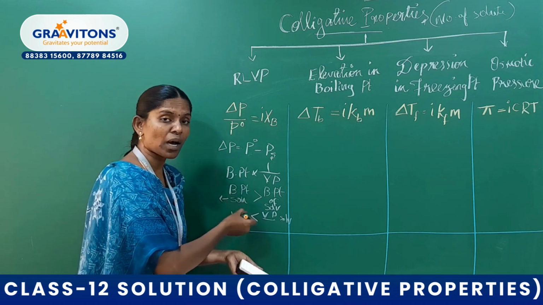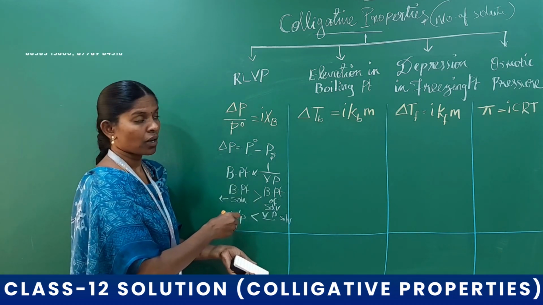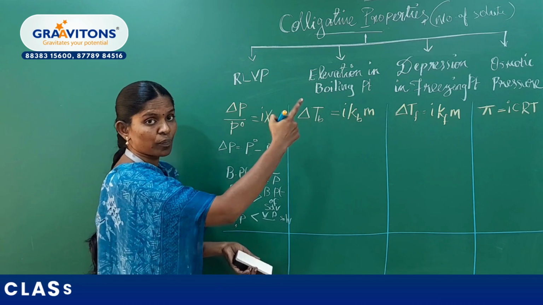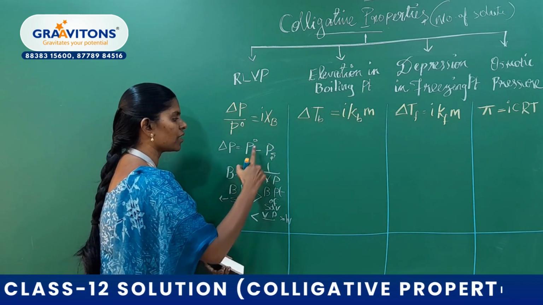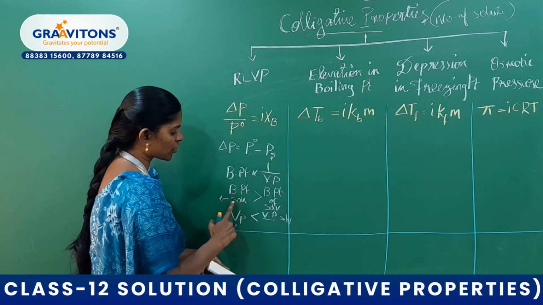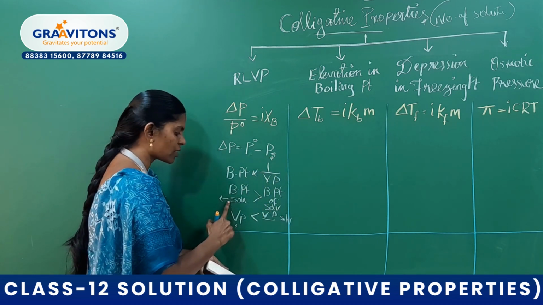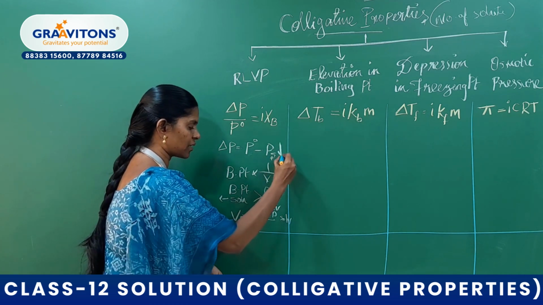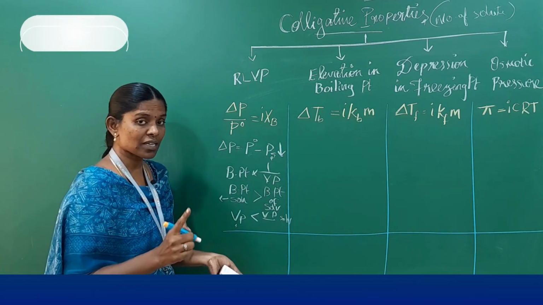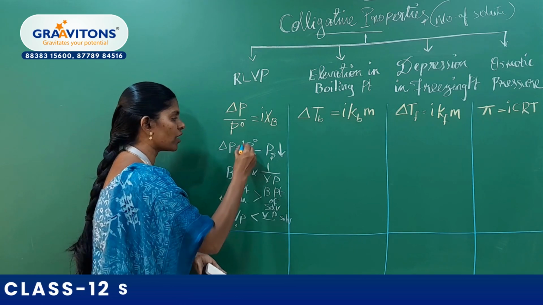When I increase the number of solute particles, delta P, which is P naught minus Ps, increases, because the vapor pressure of the solution decreases whereas the vapor pressure of the pure solvent P naught stays higher.